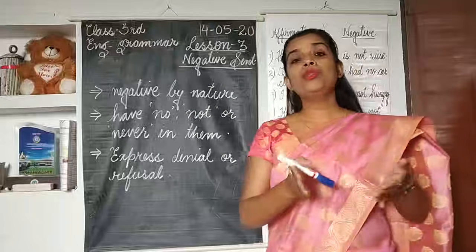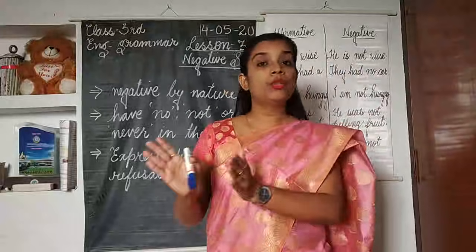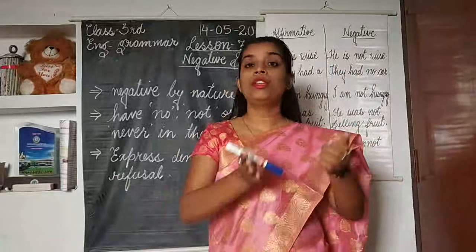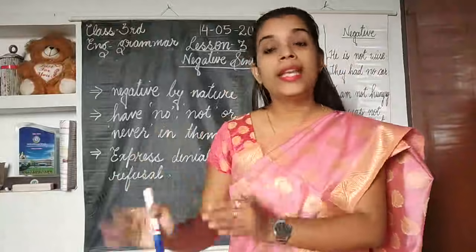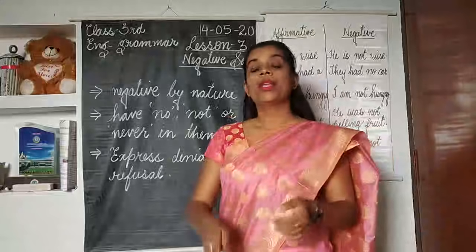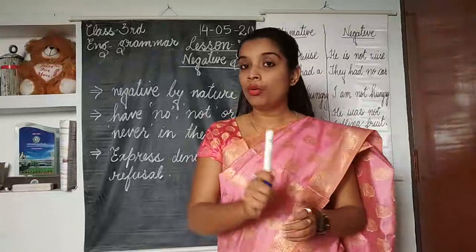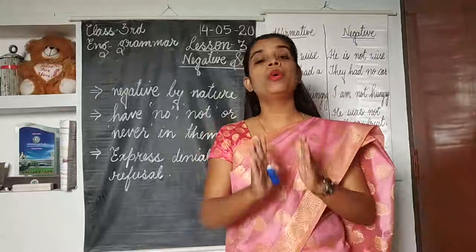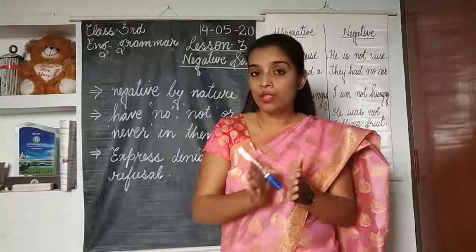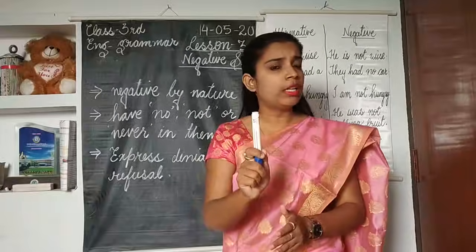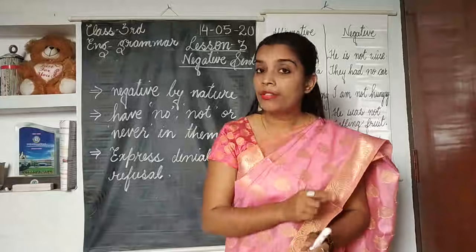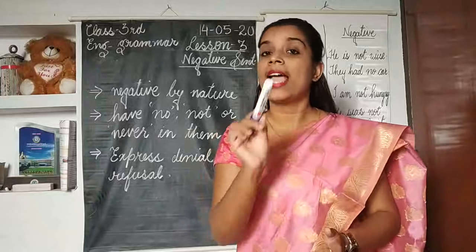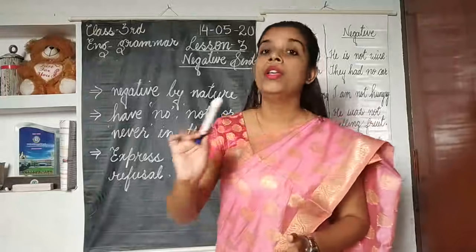Now, how to change affirmative sentences into negative sentences? How to change positive sentences into negative sentences? The very first thing I told you is that whenever you are asked to change an affirmative sentence into a negative sentence, you need to identify whether that sentence has a helping verb in it or not.